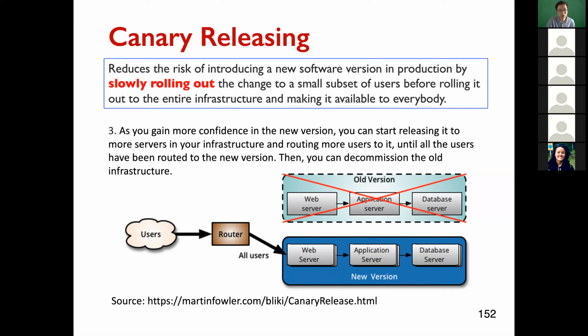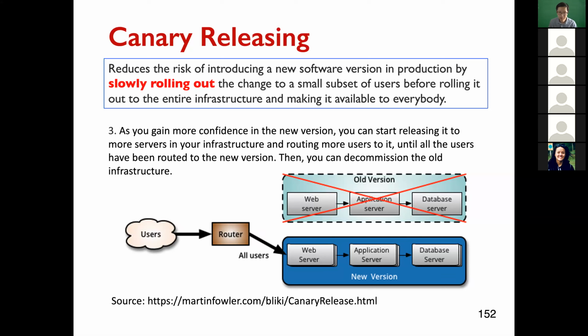So we start releasing to more servers, and also redirect more users to the new version. We do this gradually until all the users have been routed to the new version. After that, we can decommission the old infrastructure, so we only keep the new version. That's a gradual rollout. It's called canary releasing.